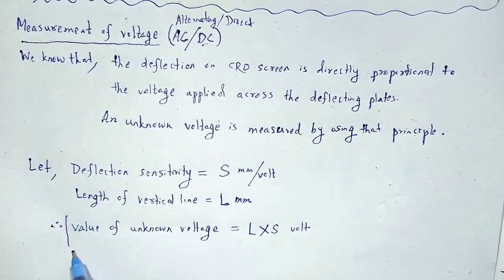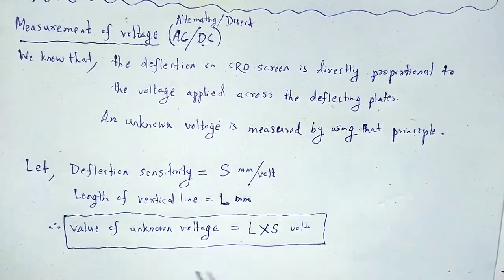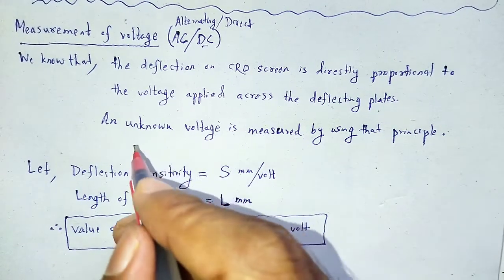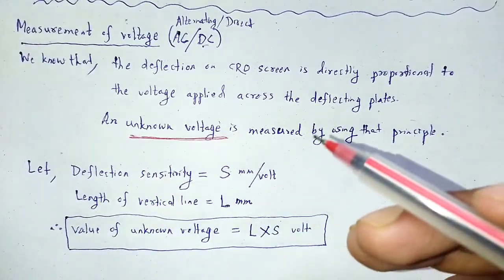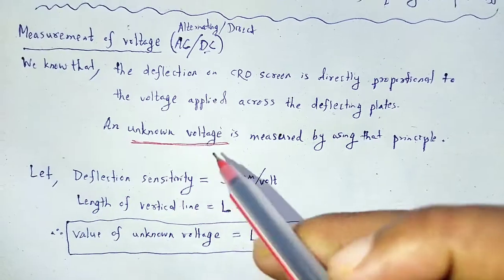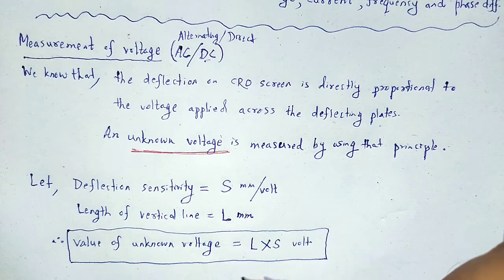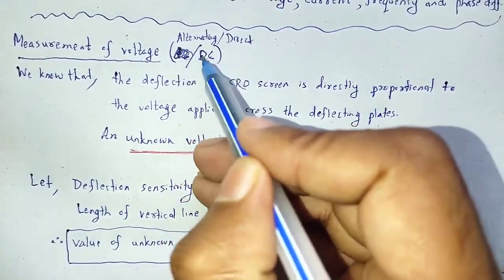That is the formula. By using that formula, we can easily calculate the unknown voltage. So, by applying the CRO, we measure the unknown voltage. That voltage may be either alternating or direct, that is AC or DC.